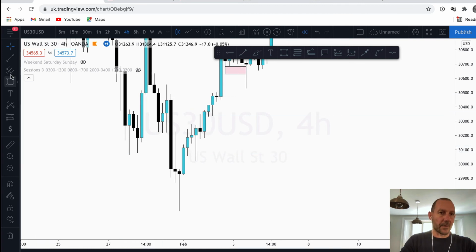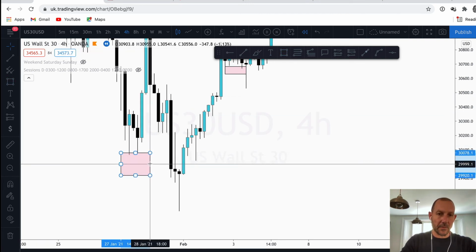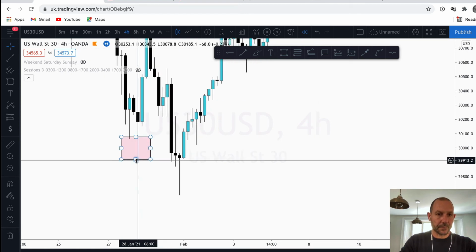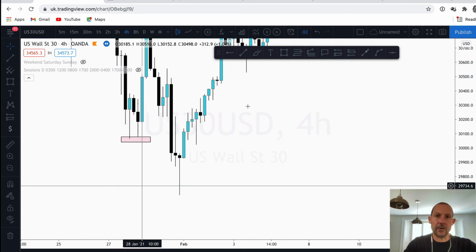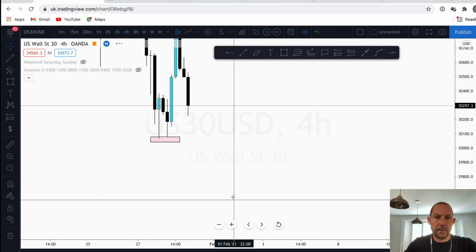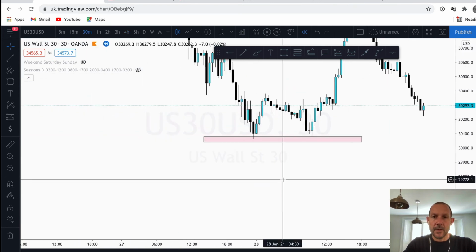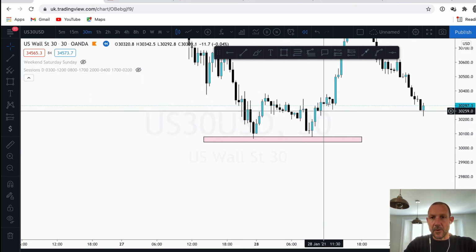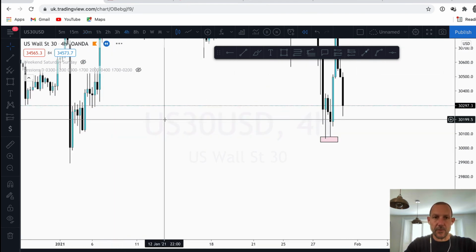Let's just come over here. We've got a couple of, that would be a double bottom on a smaller time frame. In fact, I'll just take that off there and I'll show you. If we come back here, it's just easier to put it on a smaller time frame. As you can see, that's a double bottom on a smaller time frame. Just come back to the 4-hour.